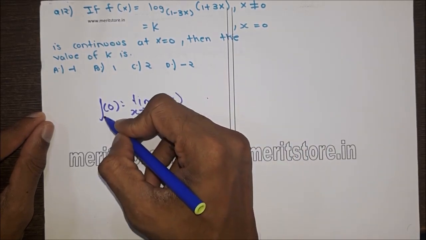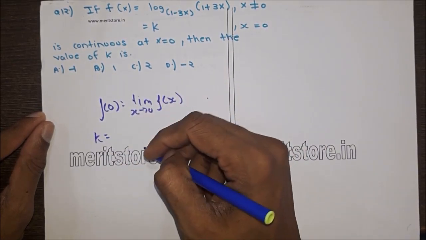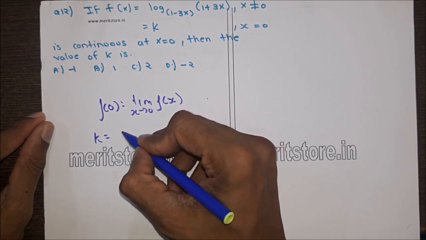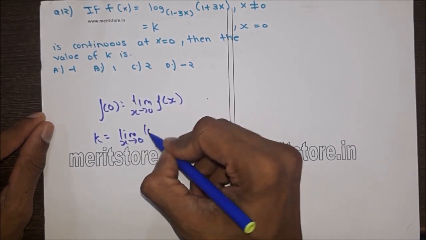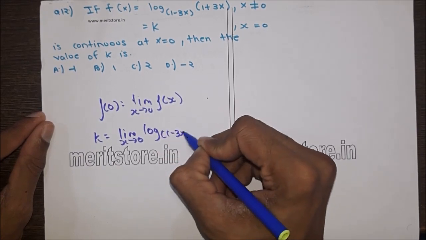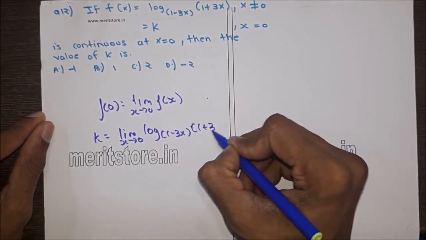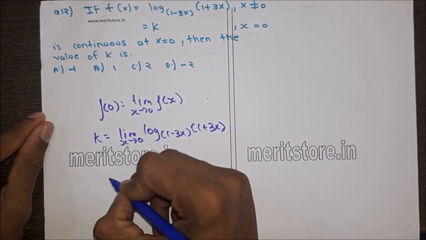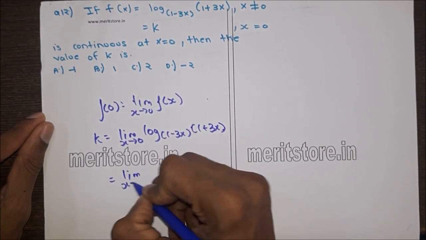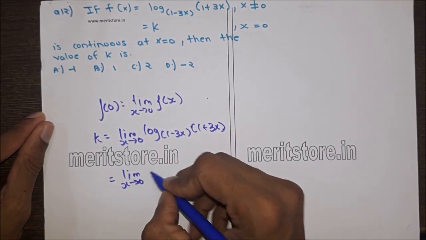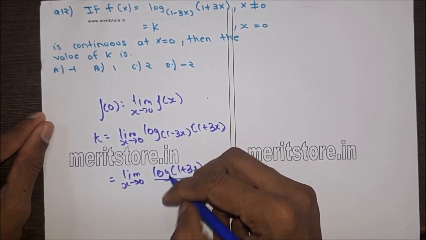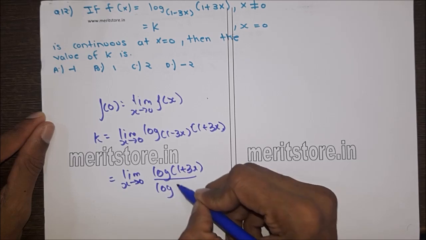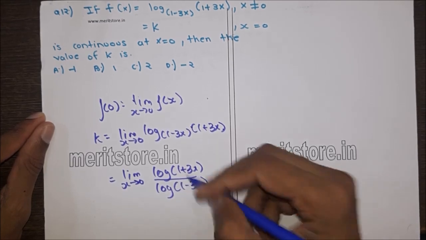We can substitute f of 0 as k equal to limit x approaches to 0 log to the base 1 minus 3x of 1 plus 3x, where we can write this as limit x approaches to 0 log 1 plus 3x upon log 1 minus 3x.